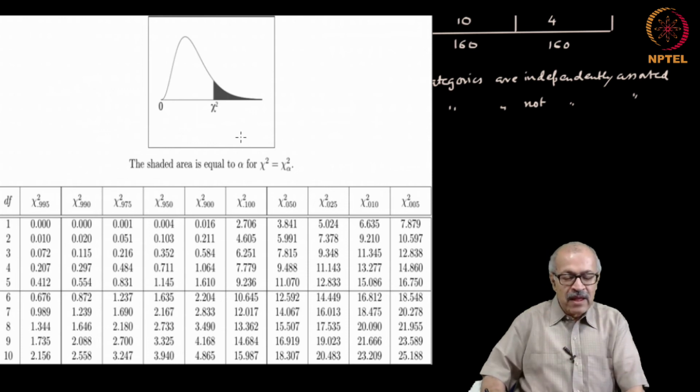So, this is the value that we are looking for, and if we have a chi-square value beyond this, then we would say that it is very unlikely to have that chi-square value coming out of purely random variables. While if it is below that critical value of chi-square, we would say that we do not have sufficient ground for rejecting the null hypothesis.